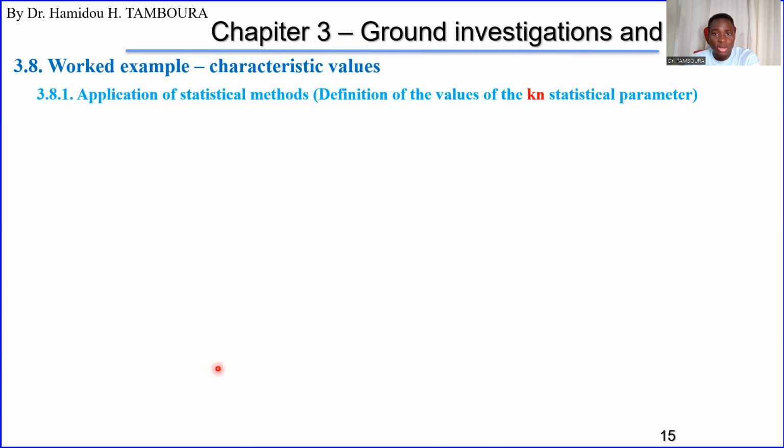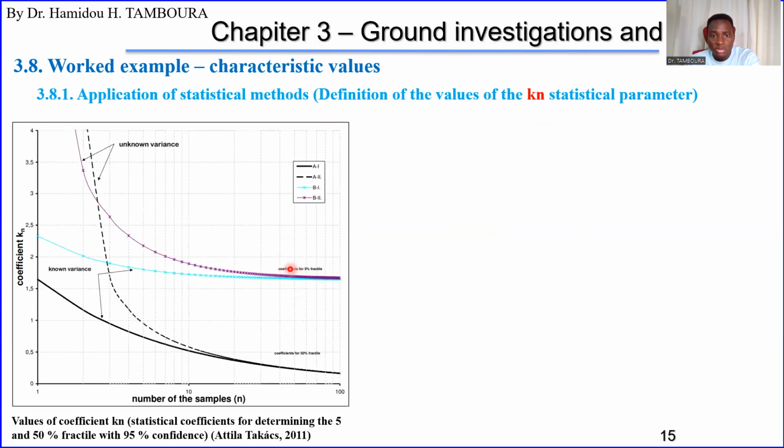So this one, 5% fractile, 50% fractile. So this is for the mean value. It means for the slip surface, slope stability one, because that one is mean, we consider the mean value of the undrained shear. So we will use this curve.